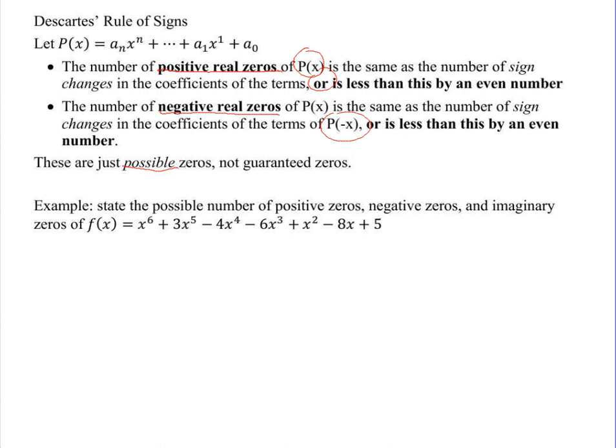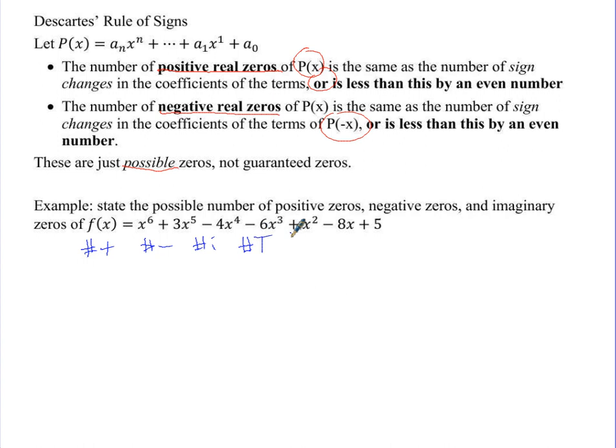So the way that we're going to solve these types of problems is we're going to set up a table. The table is going to say number of positive zeros, number of negative zeros, number of imaginary zeros, and then the number of zeros total.